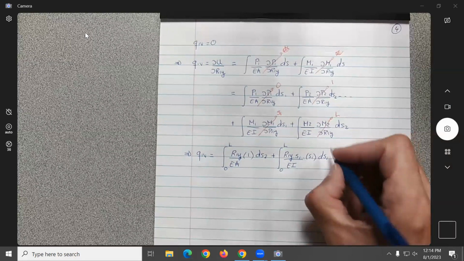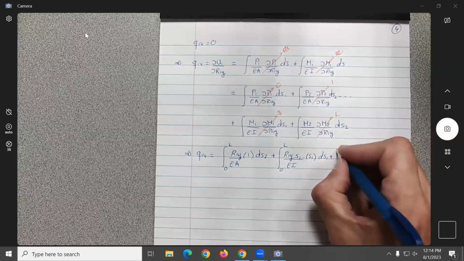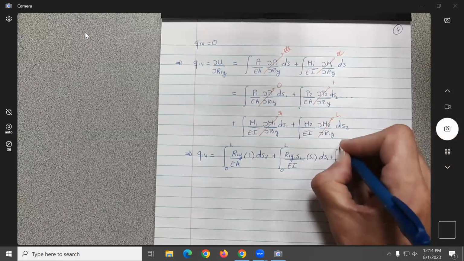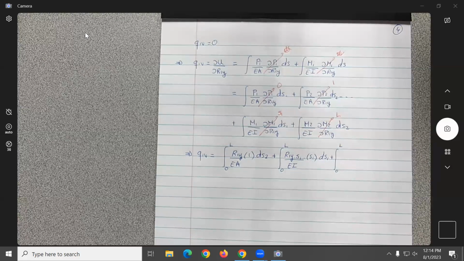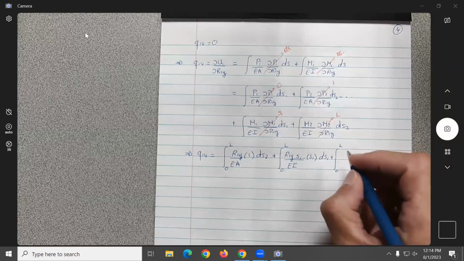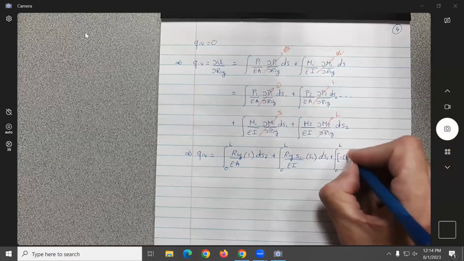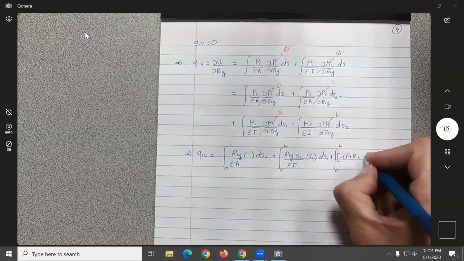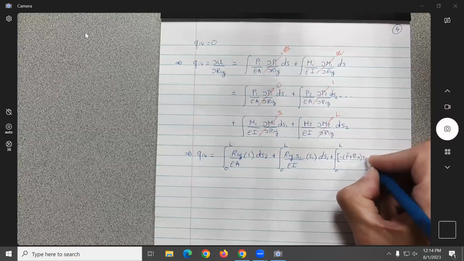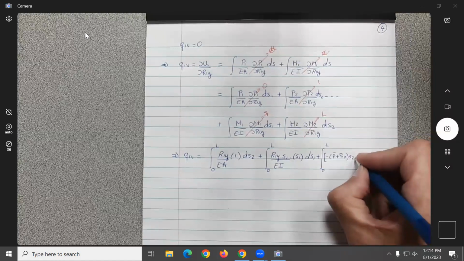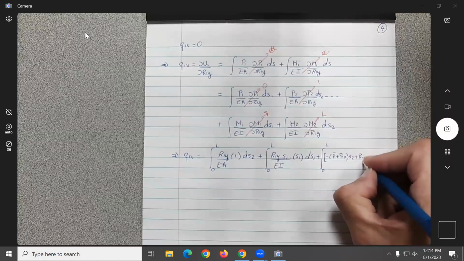Okay, finally, we're going to have the M2. Again, this one is between 0 and L, but what is M2? M2 is a long one over here, which is minus P bar plus R1X times S2 plus R1YL.